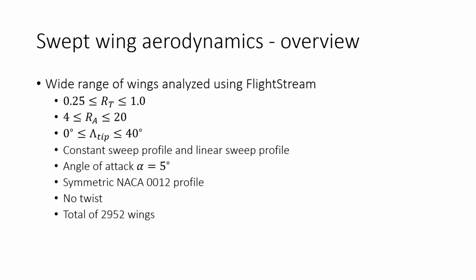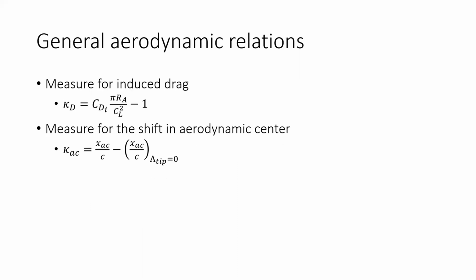So I ran all this big design space using constant sweep profiles. Constant sweep profile is what you know as a regular swept wing, and linear sweep profile, which are those crescent wings. They all were analyzed at angle of attack of 5 degrees, no twist, double a 12th profile, and the total was about 3,000 wings that I analyzed with Flightstream.